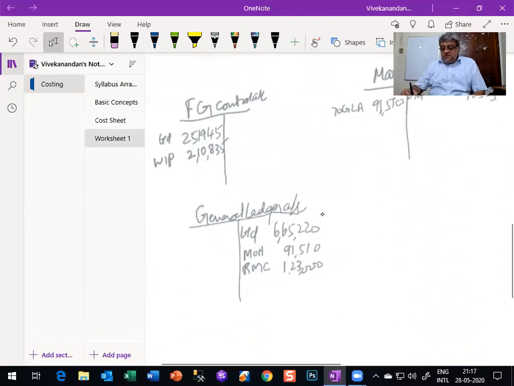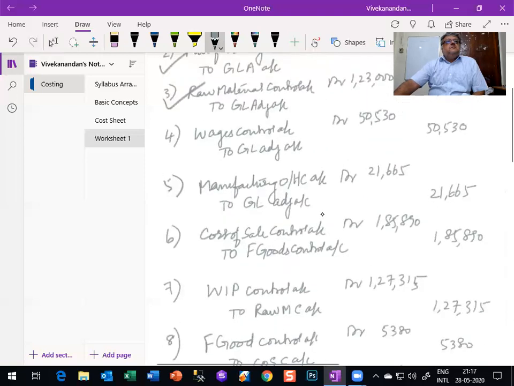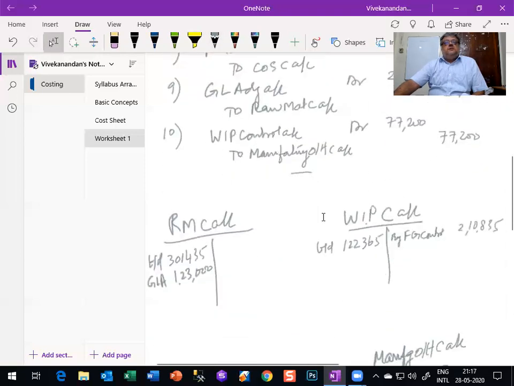So we have to open another wages control account. What is the journal we saw? Wages control account to general ledger adjustment account.